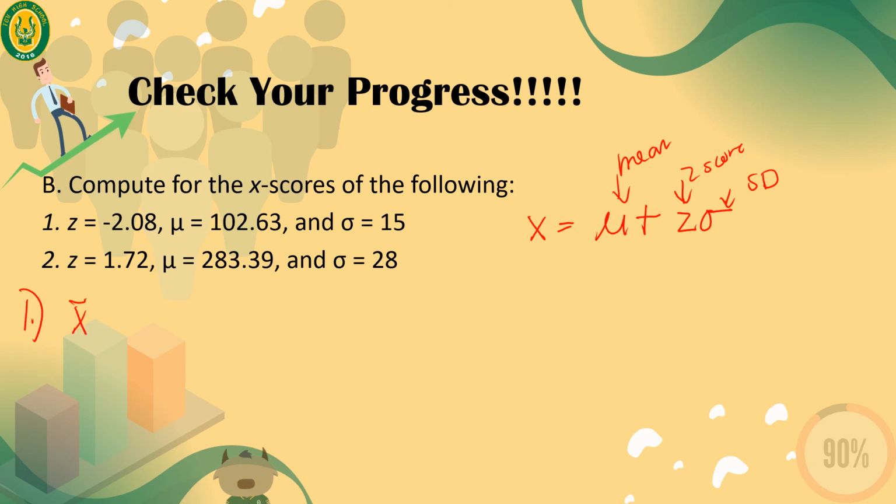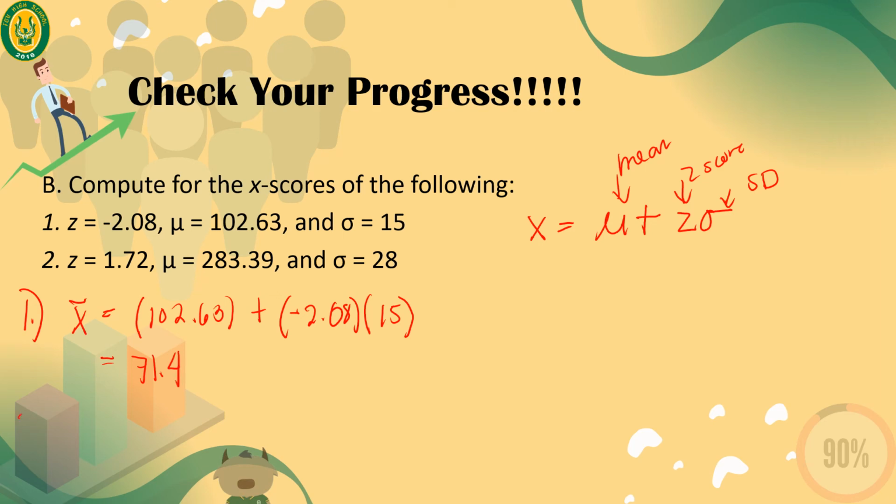So the mean for number 1 is 102.63 plus the z-score, negative 2.08 times the standard deviation, 15. Okay, you may pause the video to solve for a while. After solving, you should get 71.4.